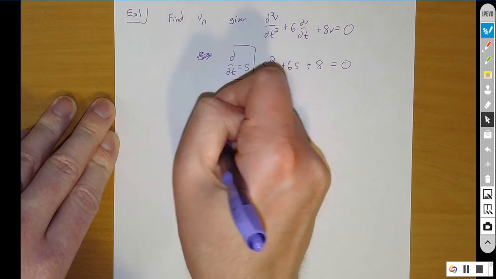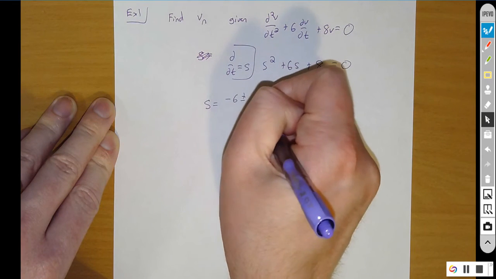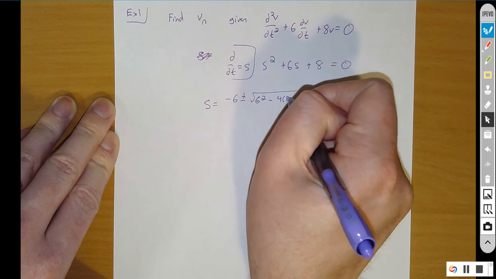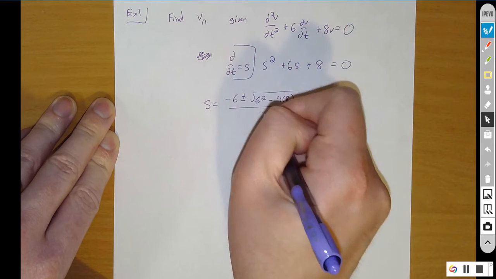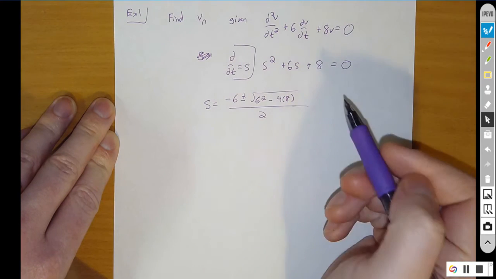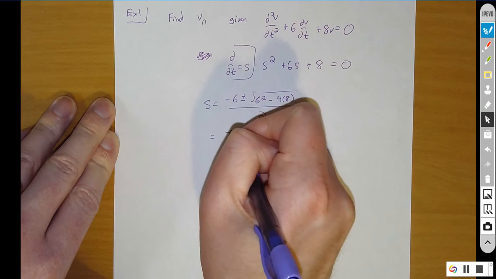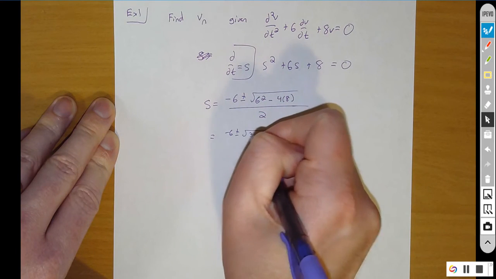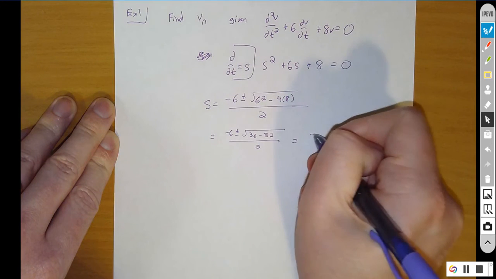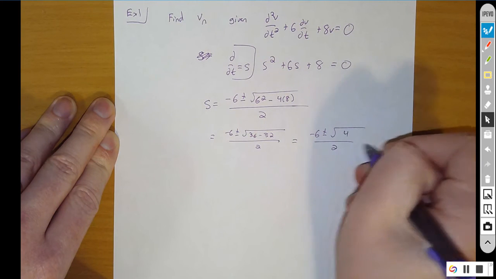So s is negative 6 plus or minus the square root of 6 squared minus 4 times 8, all over 2. Remember, our coefficient in front of s squared should be a 1. So it's just the standard quadratic equation. You get negative 6 plus or minus the square root of 36 minus 32, which is root 4, all over 2.